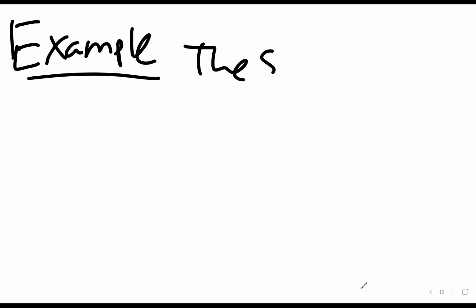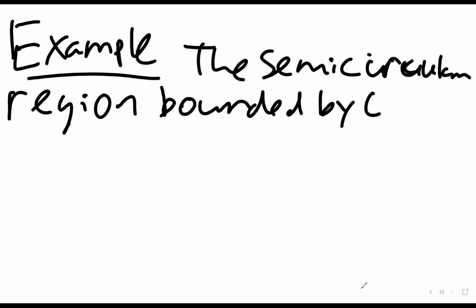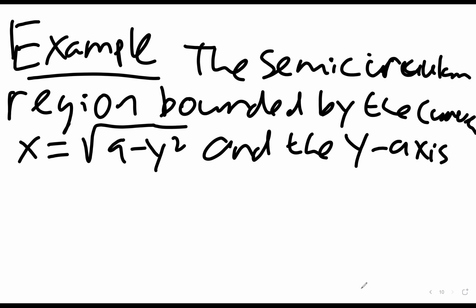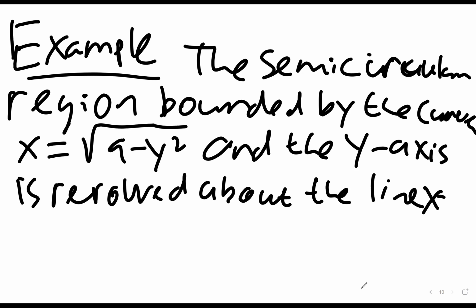The semicircular region bounded by, let's say, the curve x equals square root of 4 minus y squared, and the y-axis is revolved about the line, let's say x equals -1.